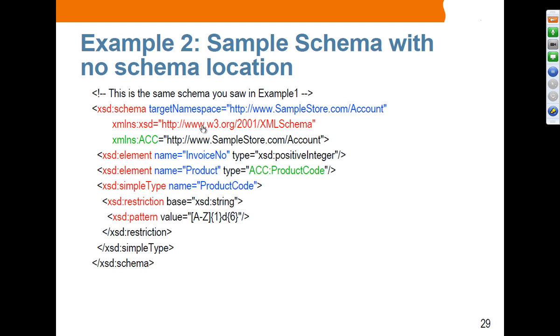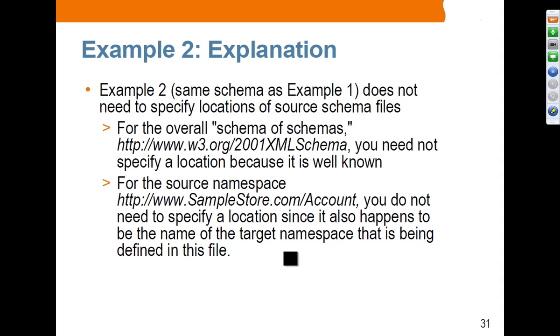Every XML parser knows where to go to get the schema file of this, so there is no need to specify it. And this one, because it's in the same namespace, you can see this is the same namespace, so it knows where to go because it's inside the same XML schema file. Okay, so basically that's the reason you don't have to specify a schema location.